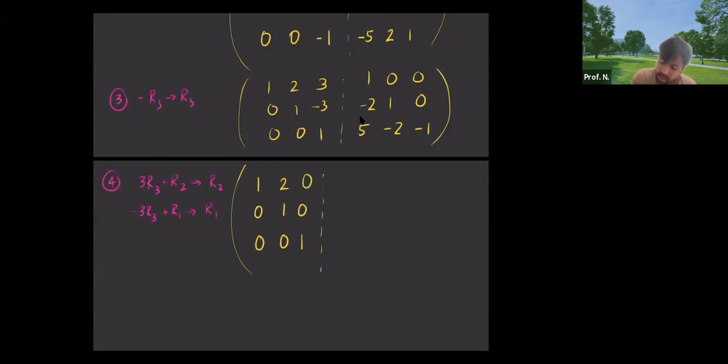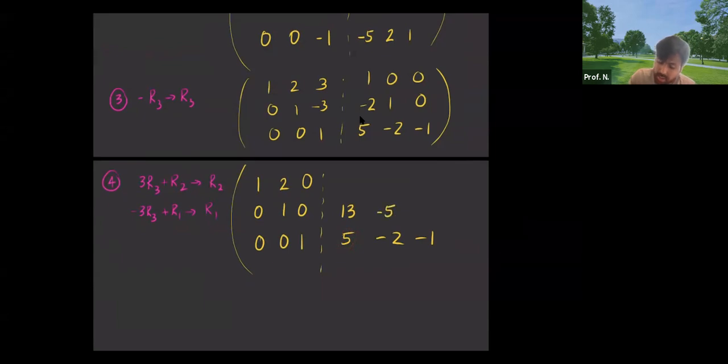And then what do I get? This is 5, -2, -1. So for the second row, I multiply by 3. So this is 15 minus 2, I get 13. And then for the third row, -6 plus 1 is -5.